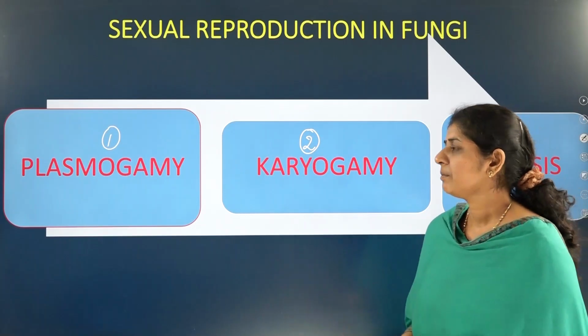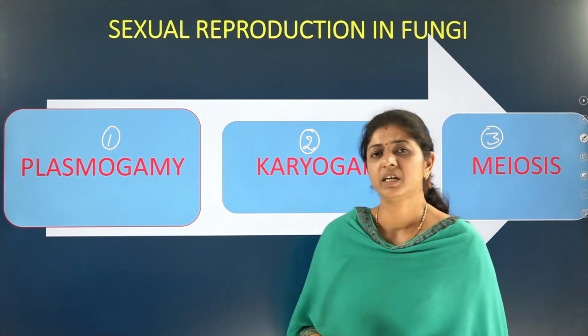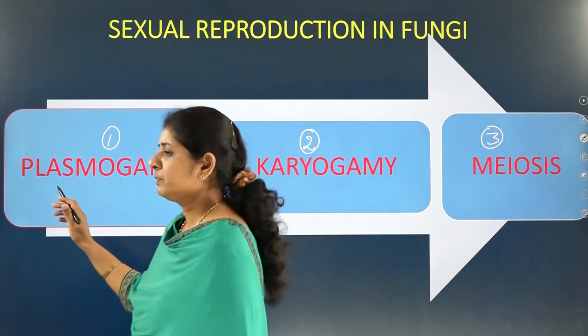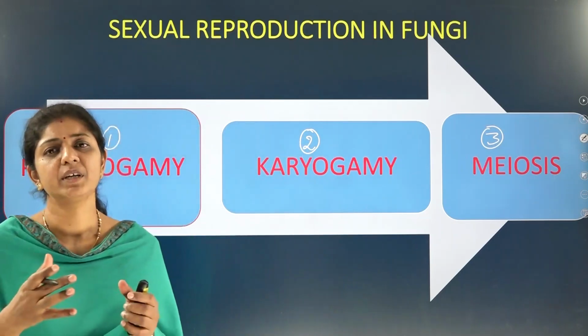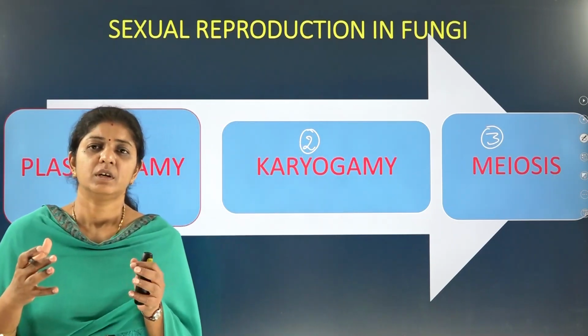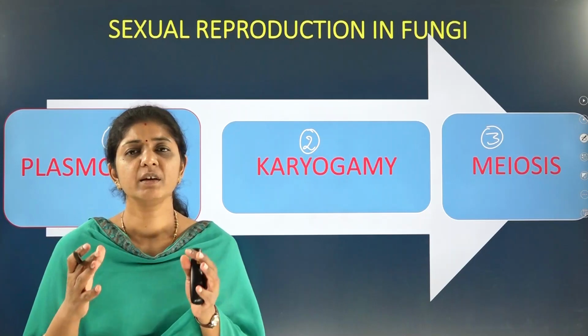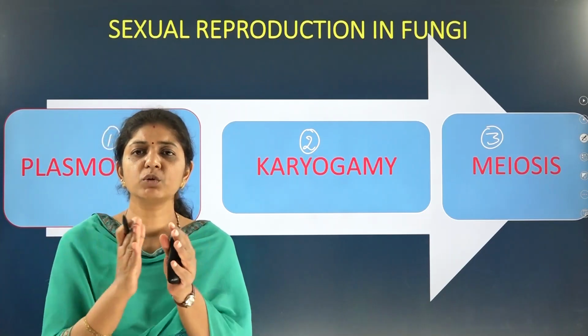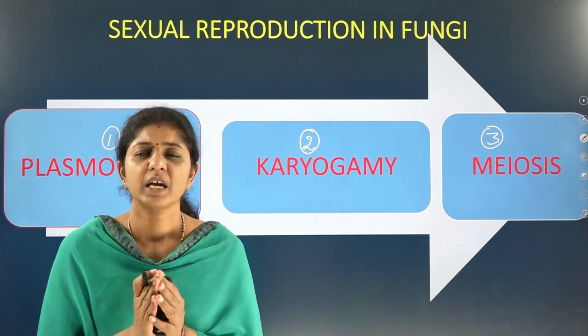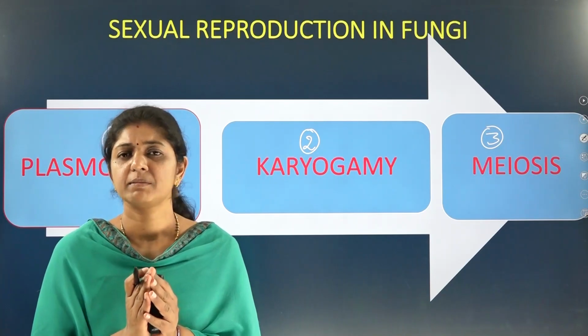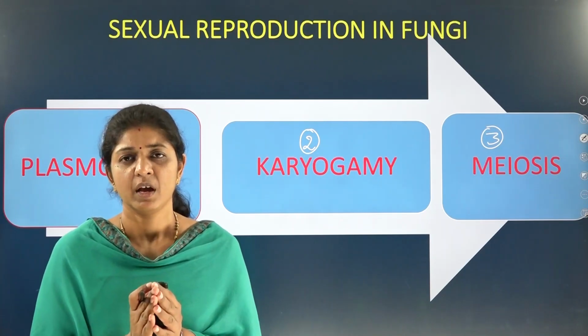In the first step, plasmogamy, as the word indicates, once the compatible cells or reproductive structures come close to each other, their cytoplasm or protoplasm is going to fuse, right?